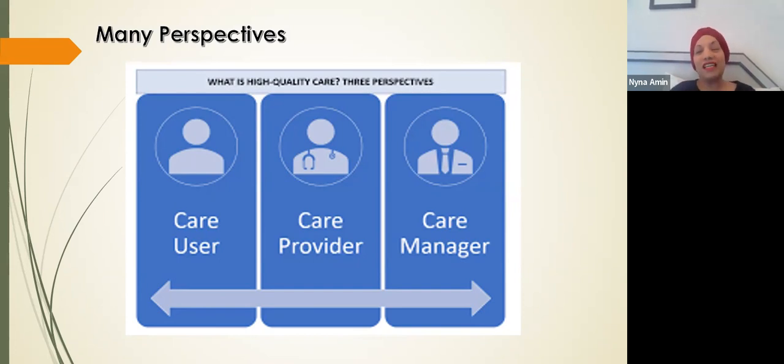Or you could decide, I'm going to look at the management of care in a setting with all three, what you call groups of participants. So there are choices that one could make about how you would research high quality care.